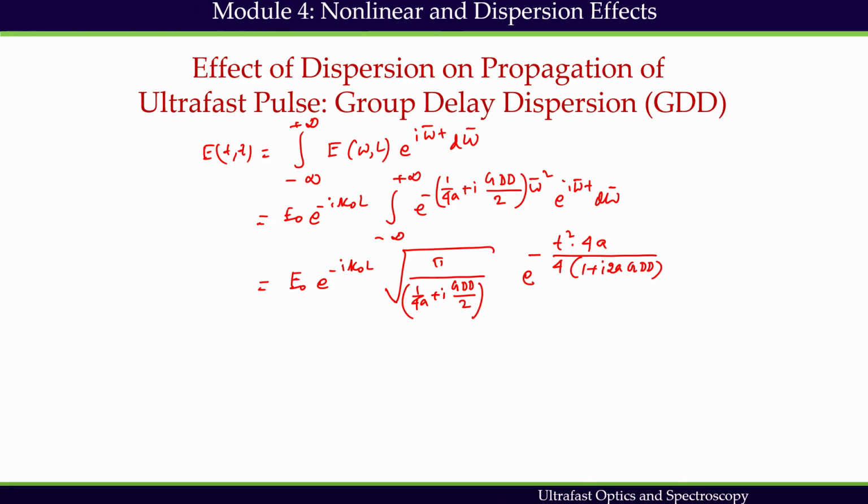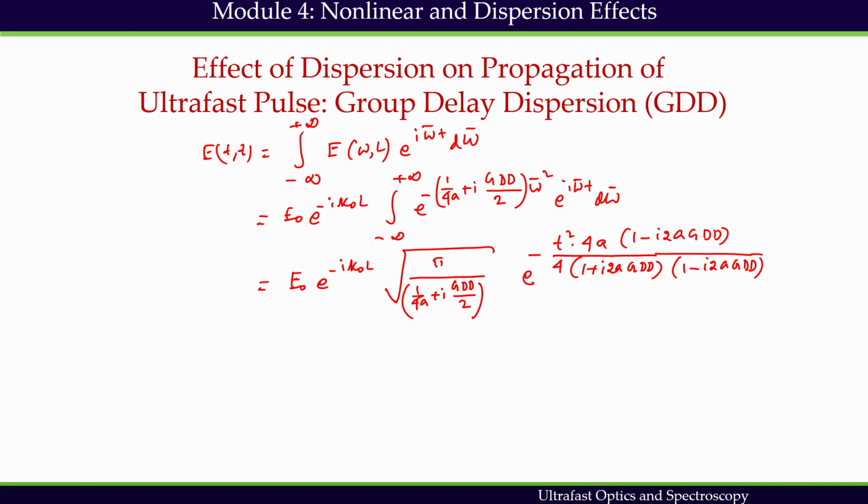And we can again simplify by multiplying 1 minus i 2a GDD, and here also multiply 1 minus i 2a GDD. We multiply this.